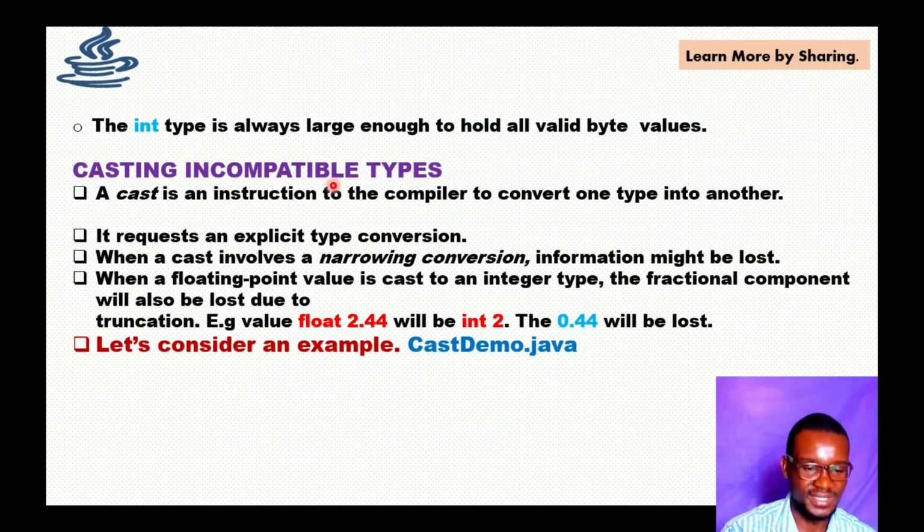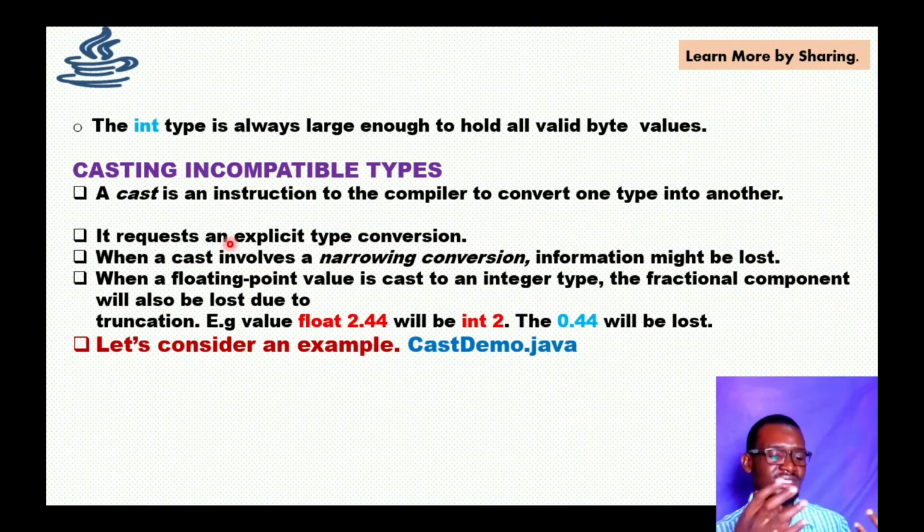So the concept of casting, what is it? We are saying a cast is an instruction to the compiler to convert one type into another. So it requests an explicit type conversion. You have to explicitly tell the compiler to do this. When a cast involves a narrowing conversion, information might be lost.